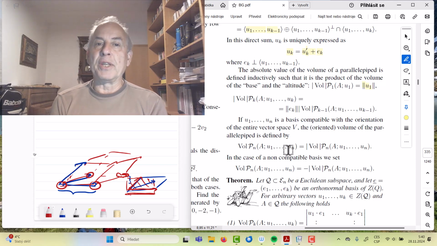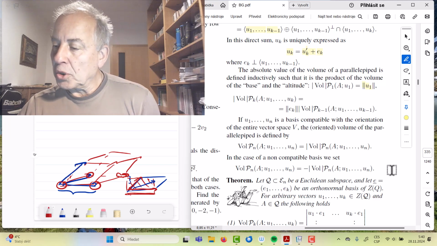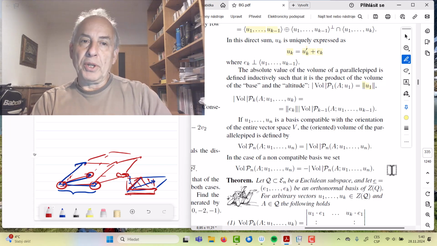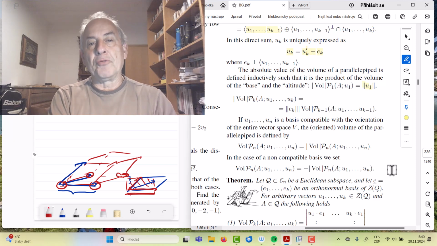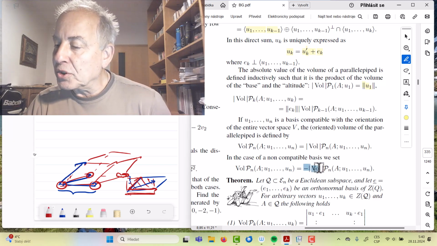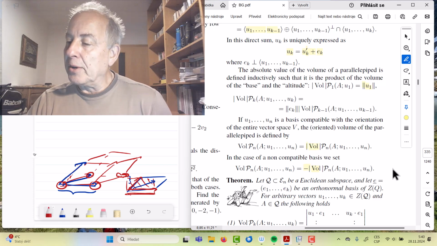We shall come to that a bit later. So for now we assume that we have the orientation of the n-dimensional subspace, and for that one we can work with this safely.